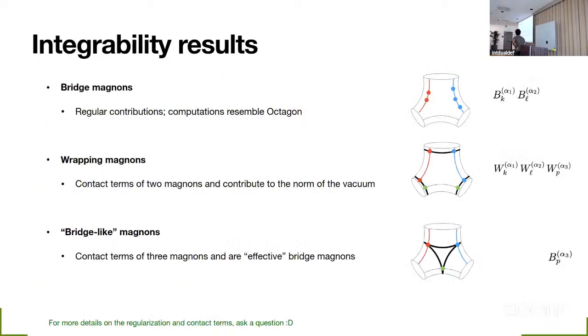Okay. So our results are basically this. First of all, we noticed that the result factorizes in some pieces.